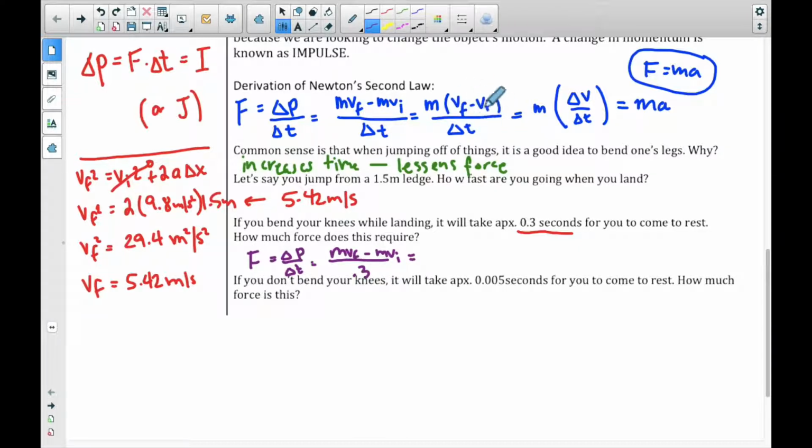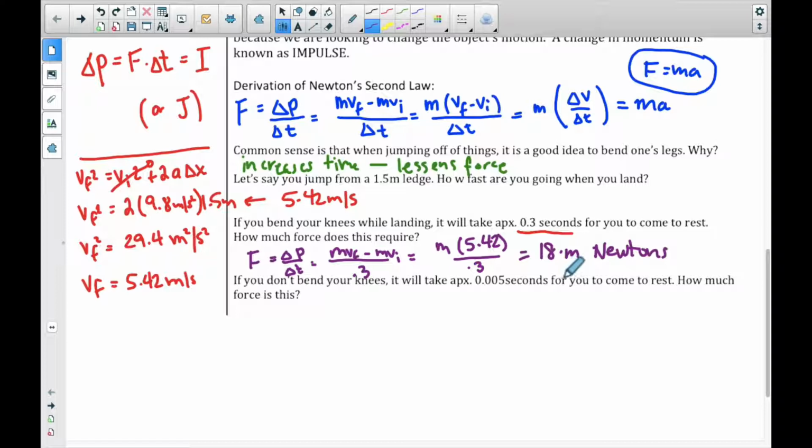We said we could factor out that m. Our v initial was 0, so our v final minus v initial is 5.42, and we're going to divide that by 0.3. So let's just take 5.4 divided by 0.3, and we basically get 18 times the mass. And the force is measured in newtons.